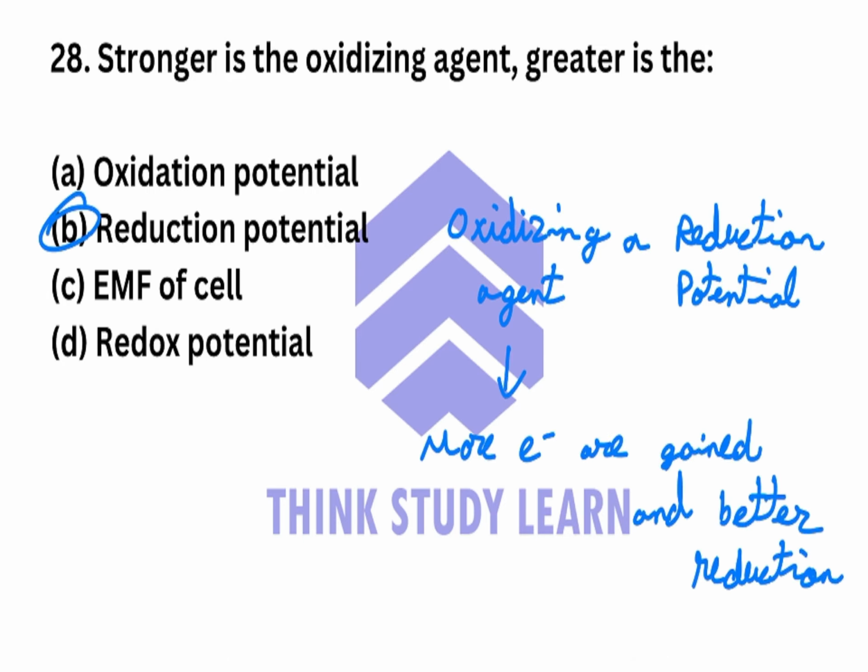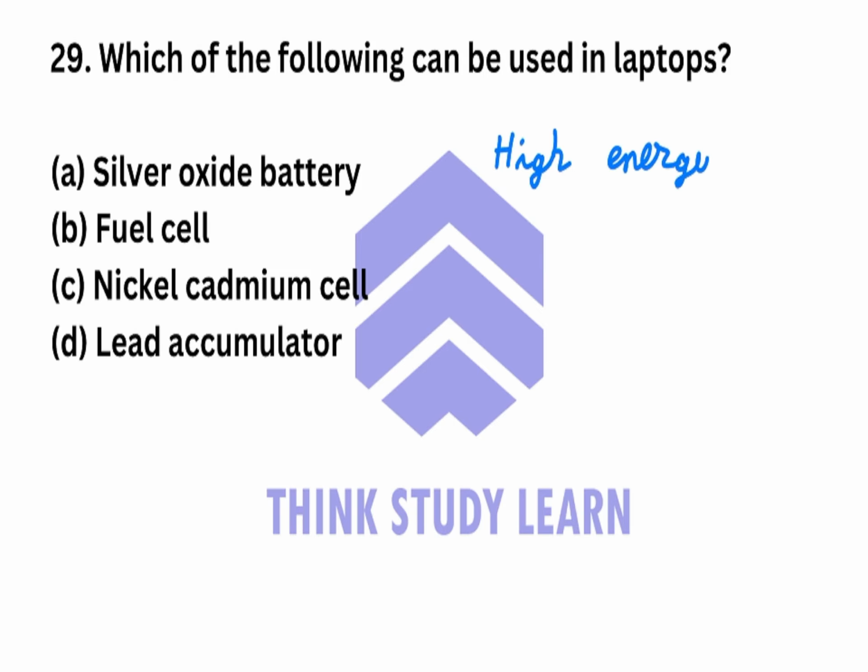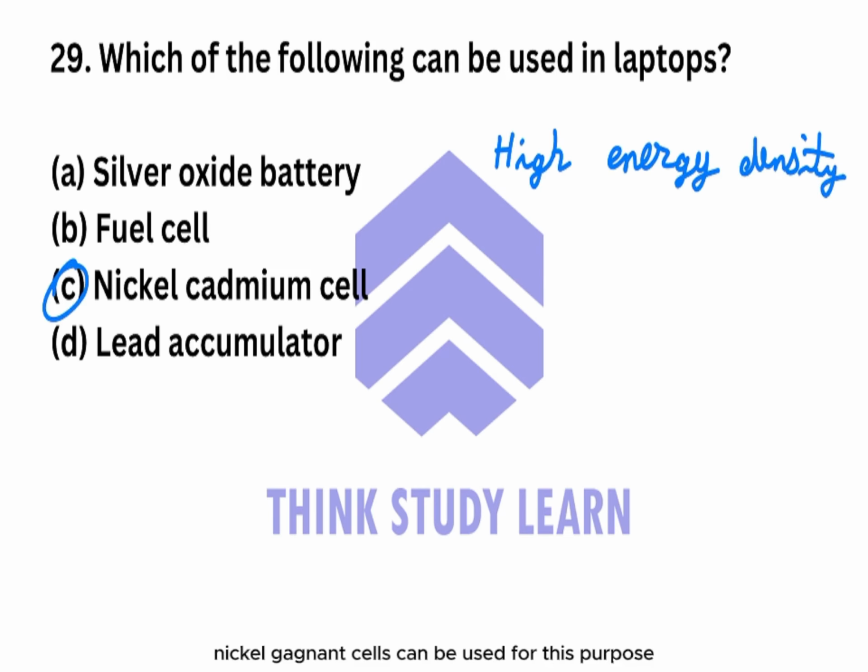Hence, option B is the correct answer. In our next question, we are given that which of the following can be used in laptops? Due to their high energy density, nickel cadmium cells can be used for this purpose.